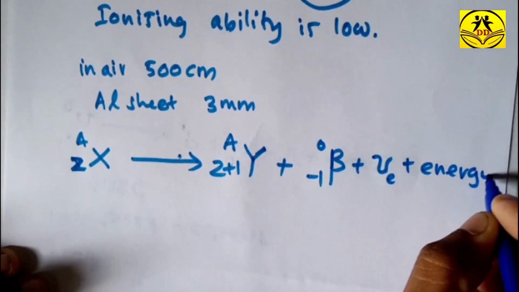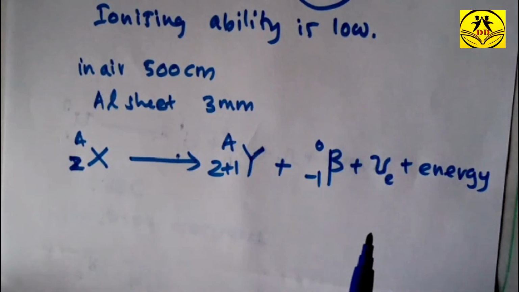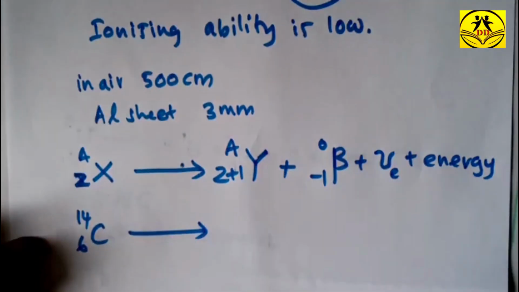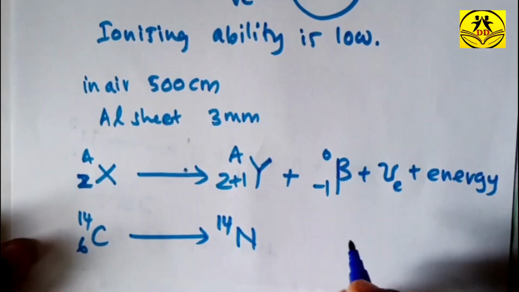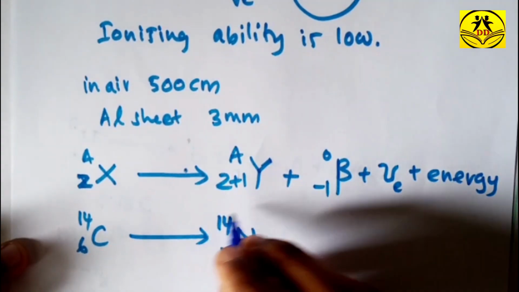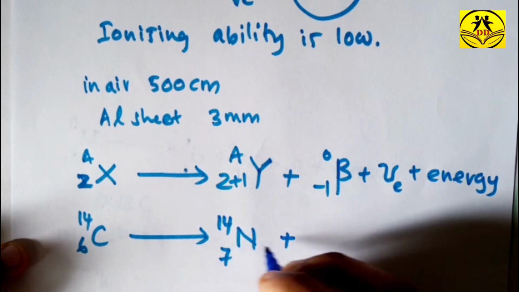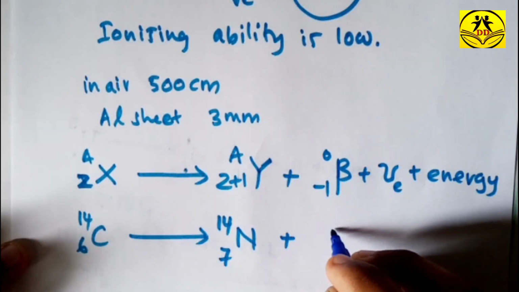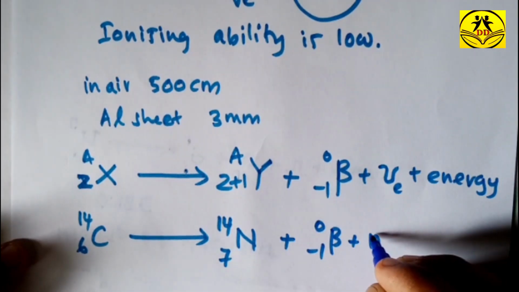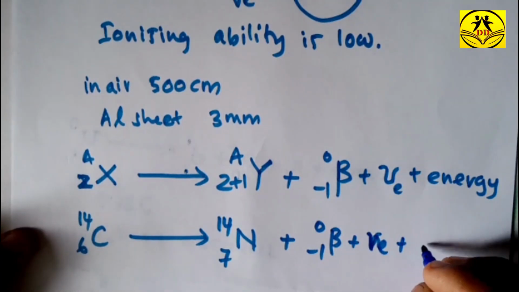Usually in questions they don't expect us to write the neutrino part, but it's best to write it. As an example, the radioactive carbon-14 isotope will show a beta decay by forming nitrogen-14 nuclei with a beta particle, a neutrino and energy.